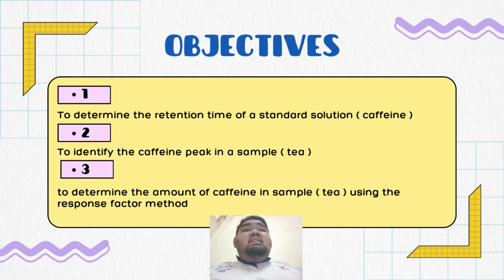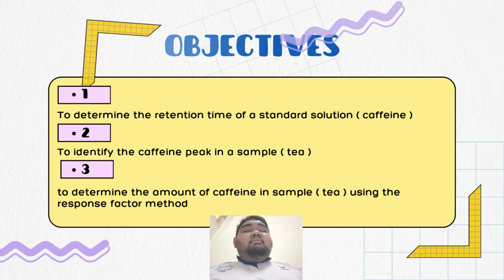The first one is to determine the retention time of standard solution caffeine. The second one is to identify the caffeine peak in sample T. And the third one is to determine the amount of caffeine in sample T using the response factor method.